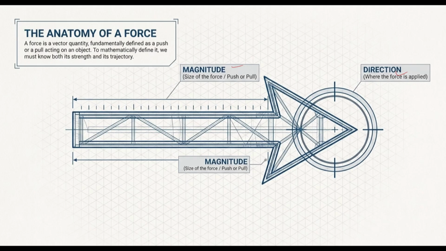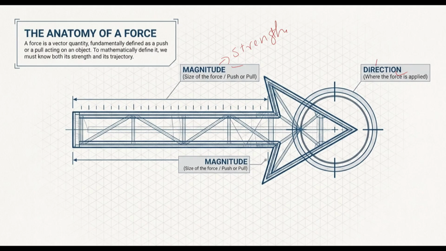So magnitude gives you the strength, right? Clear? And what about direction? Direction tells us where the force acts, where the force is applied. Clear? So force is classified as a vector quantity.